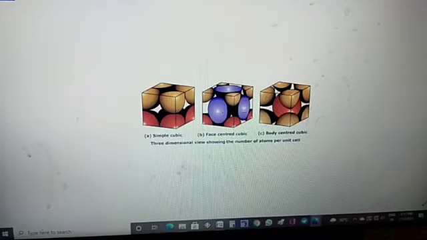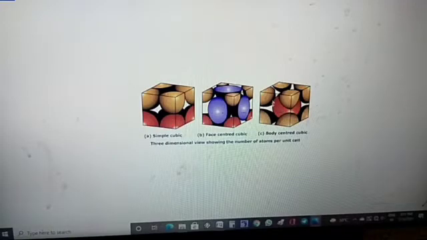The particles at the corners are shared by 8 adjacent unit cells. But the particle at the center of the body, the constituent particle present at the center, belongs to only that particular unit cell.